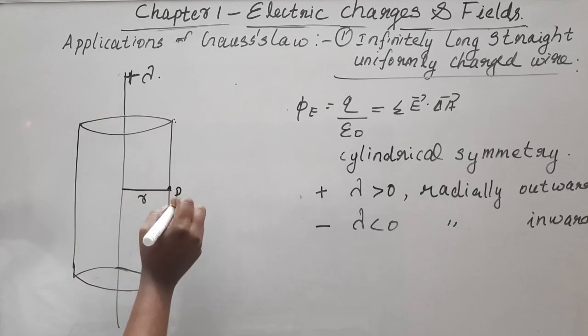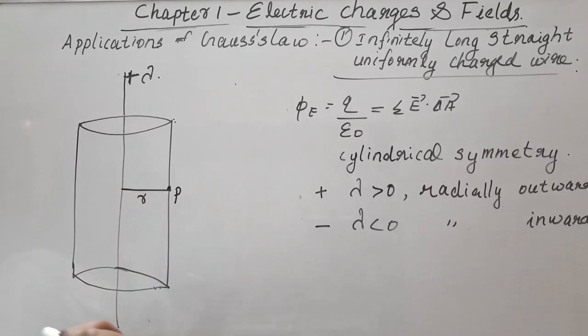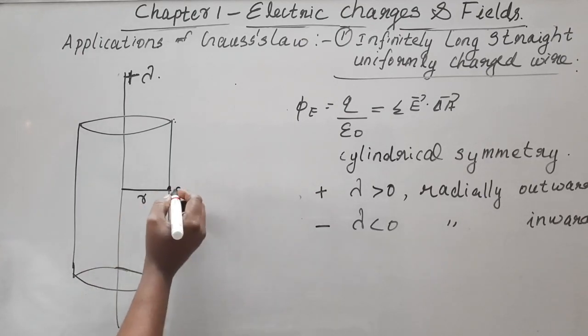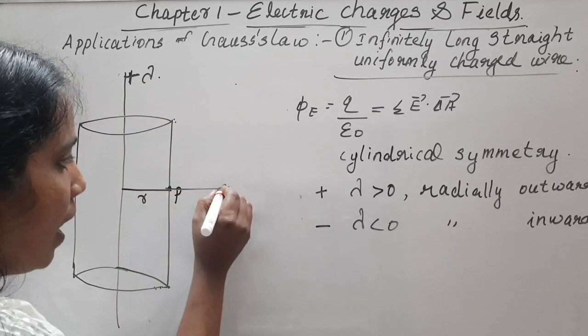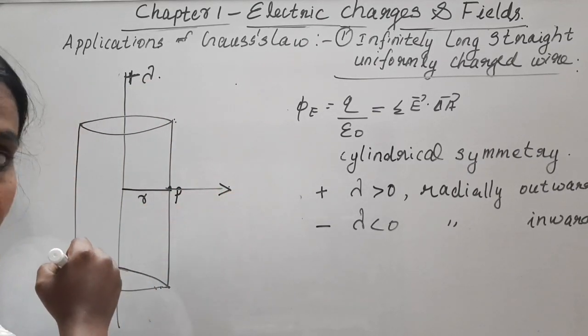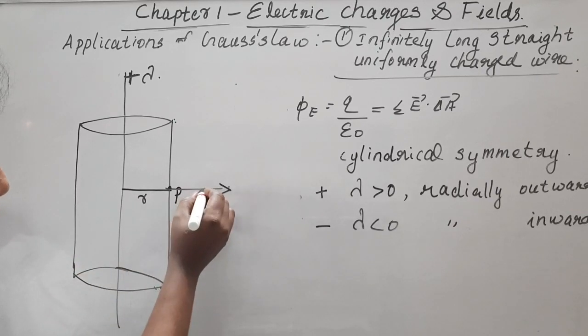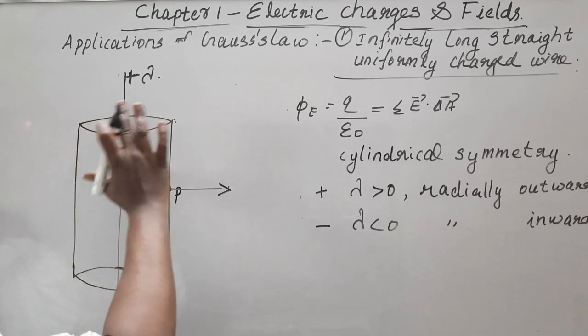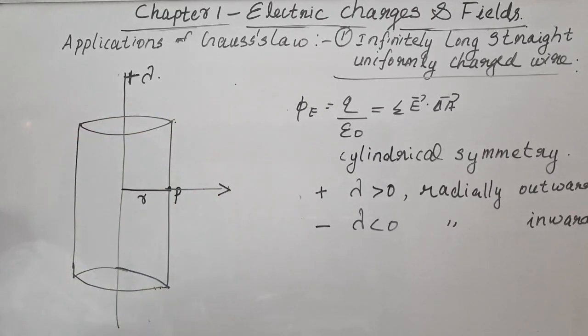Now we need to apply Gauss's law. By applying Gauss's law, we will get the expression for the electric field. Here, as we stated earlier, at the point P, since it is a positive charge distribution, the field will be radially outward. When we apply Gauss's law, we need to consider the total surface of the cylinder.